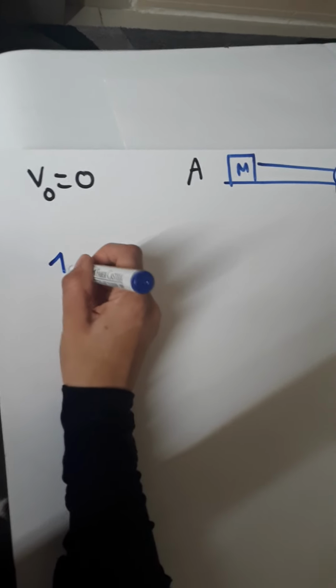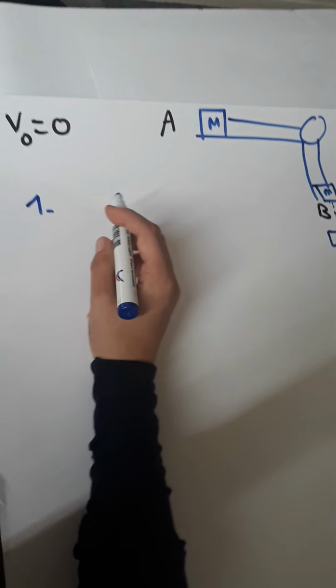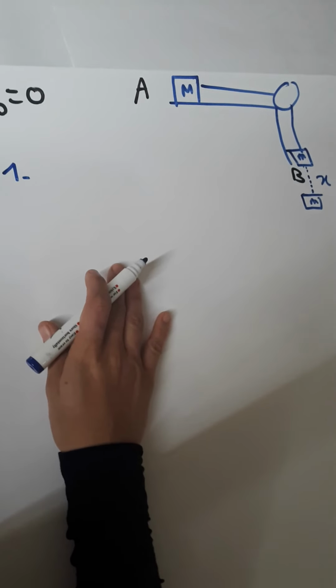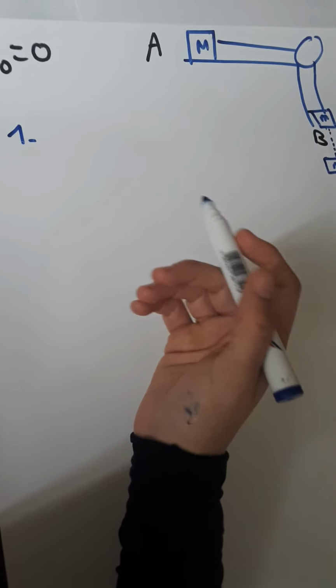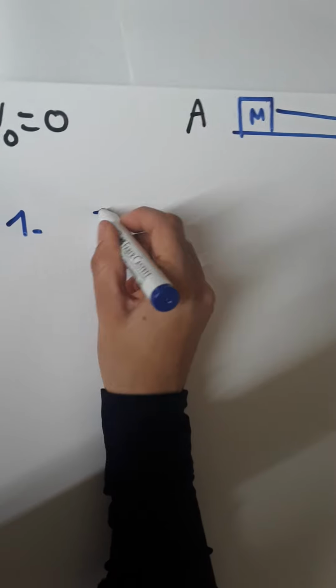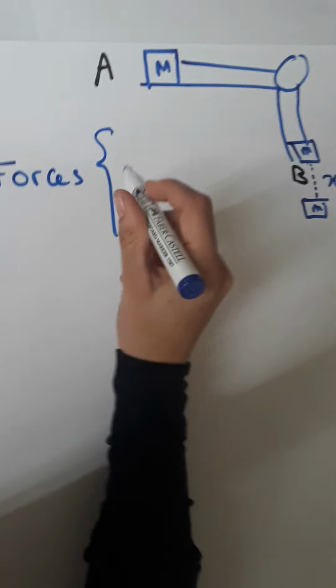In part 1, they want you to use the kinetic energy theorem to find v squared in terms of the variables given in the question. Before I start just copying the formula and applying what I know, I have to list the forces acting on the system. This is the first analysis I have to do.